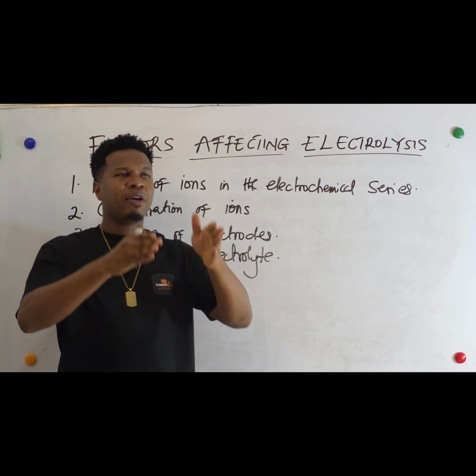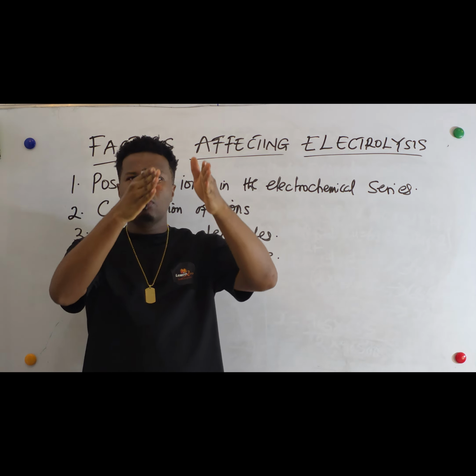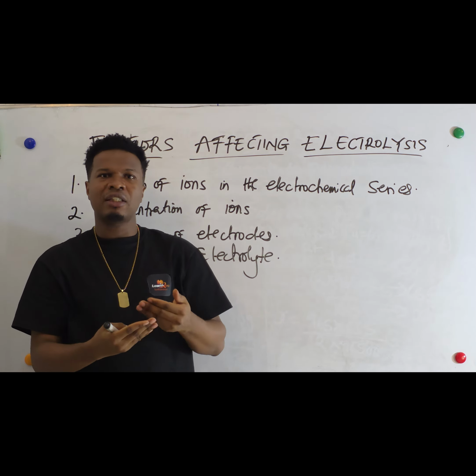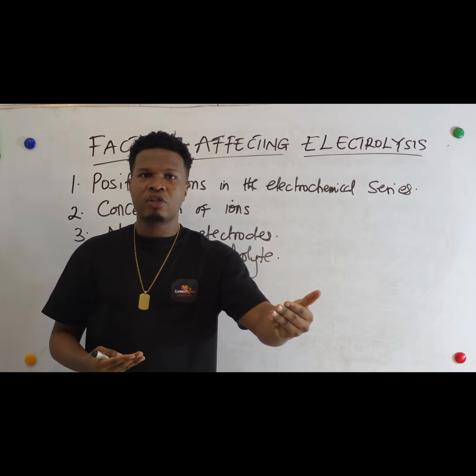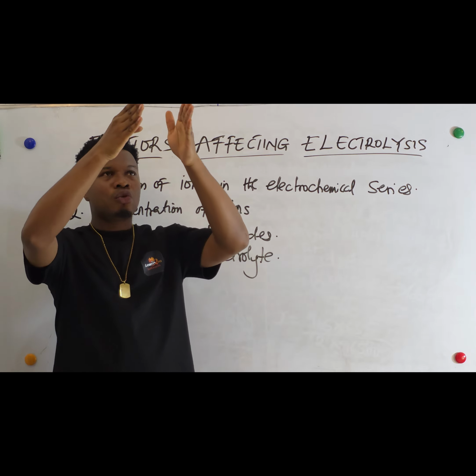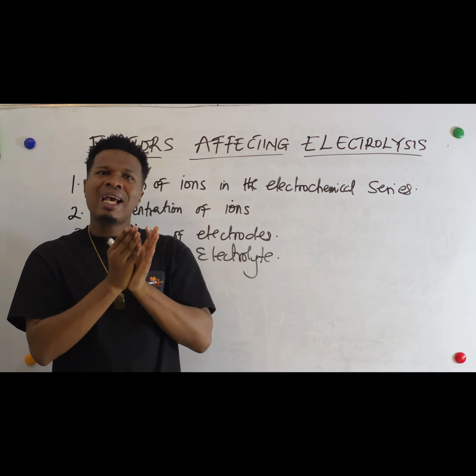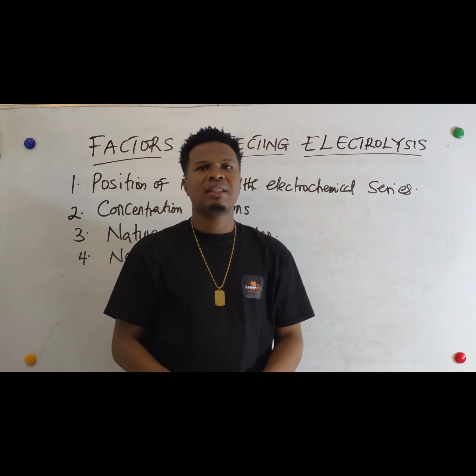So if you keep going down from potassium to, let's say, hydrogen, hydrogen will discharge over the potassium because it is down the series. As you go down that series, their reactivity decreases, and their reducing agent ability also decreases in terms of the metal.